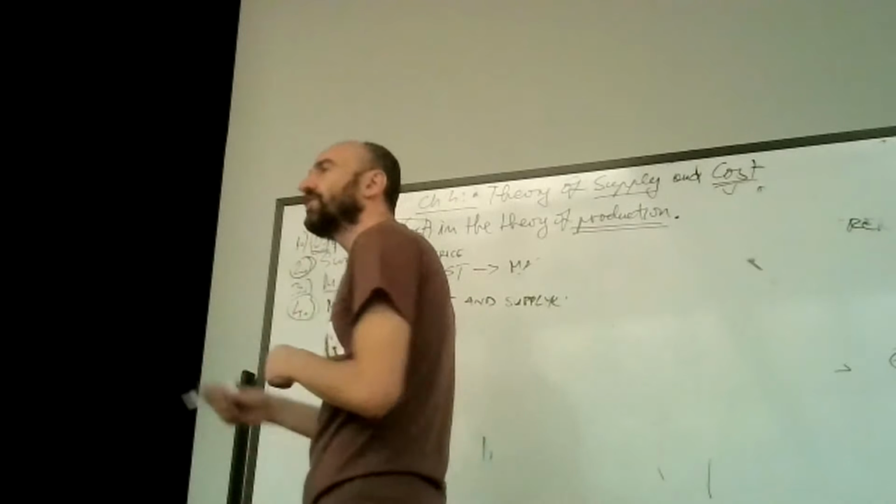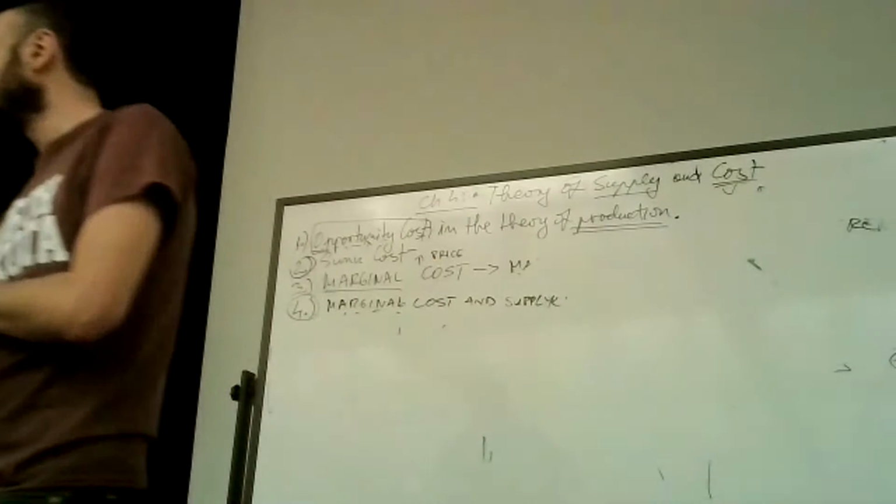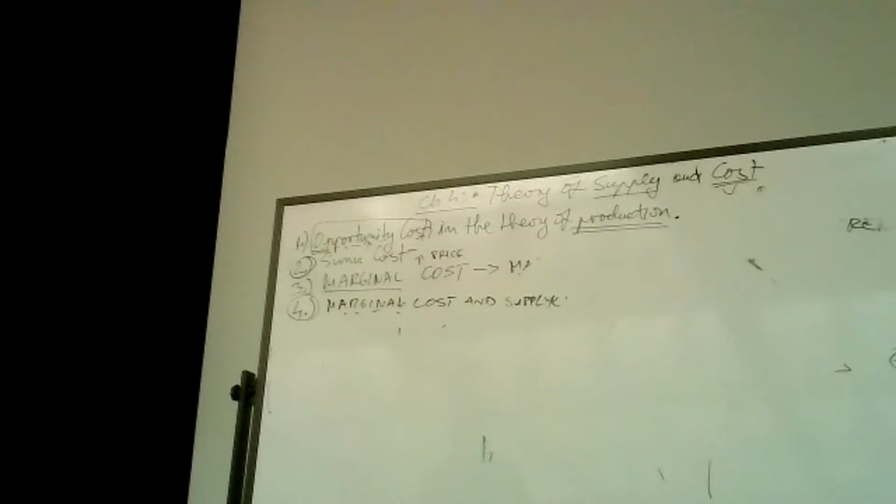So if I increase my production of corn, let's say I'm a farmer who produces corn and soybeans at the same time, and I use my land for both purposes. What is the marginal cost of producing corn?